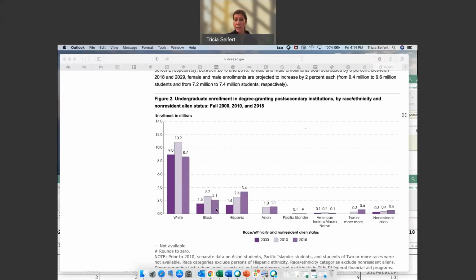And the trend that we see among white students is not at all replicated among Hispanic students. In fact, there has been a consistently greater increase in enrollment in post-secondary institutions among Hispanic high school graduates.